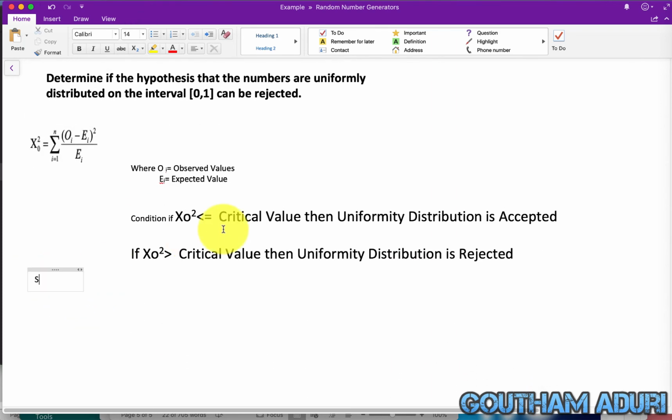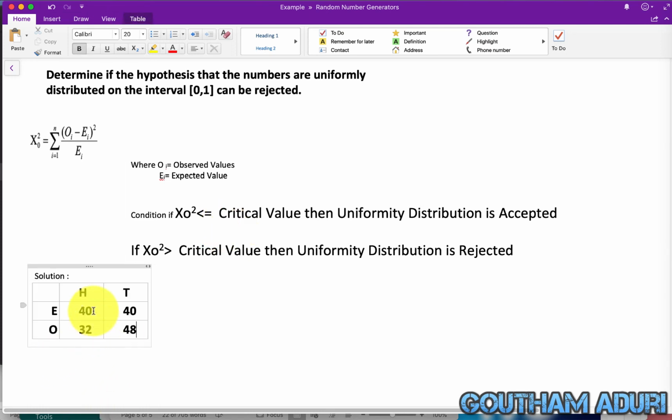And the solution for the first chi-square test. I'll just make this E1 and this E2, and this is O1 and this is O2, because these are the observed values and these are the expected values, because the formula is summation of (O1 minus E1) square.